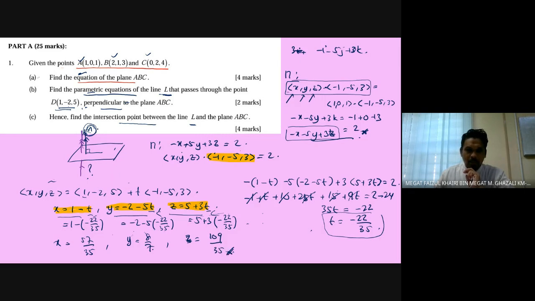The point of intersection is 57 over 35, 8 over 7, and 109 divided by 35. Okay, so that is the solution for question number 1.